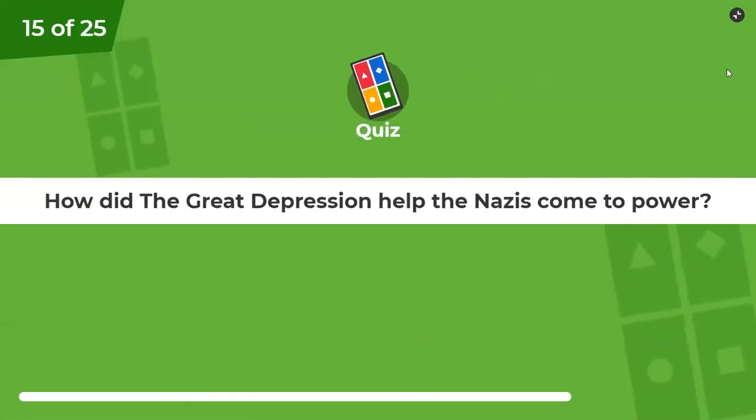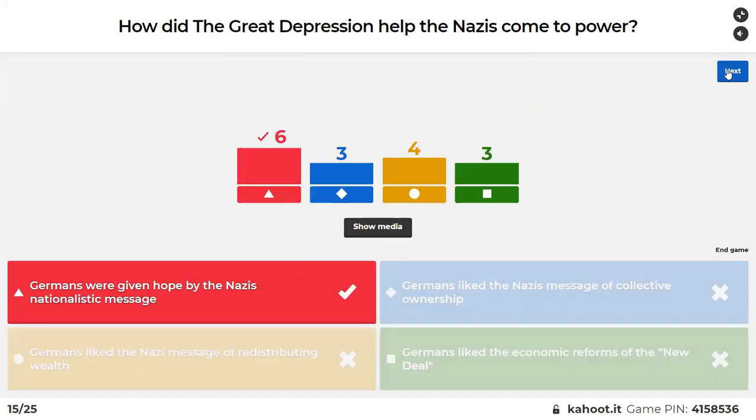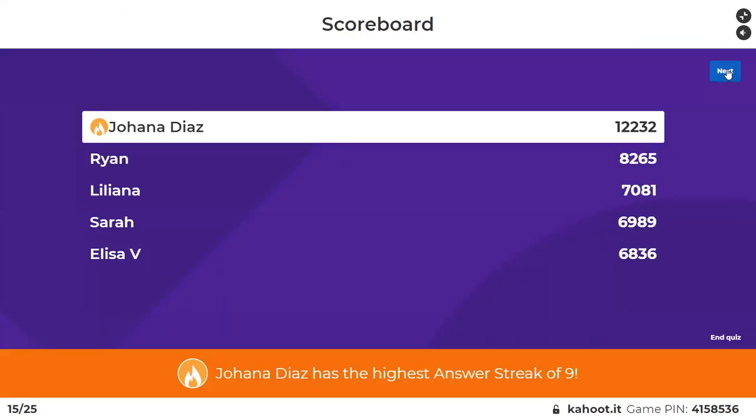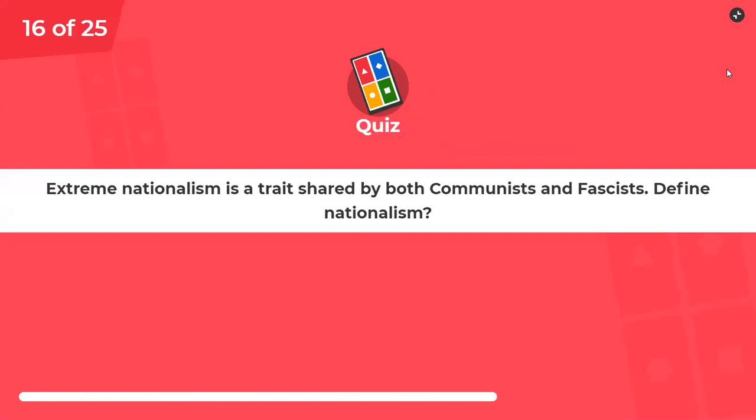All right, how did the Great Depression help the Nazis come to power? Germans were given hope by the Nazis' nationalistic message. Extreme nationalism is a trait shared by both communists and fascists.